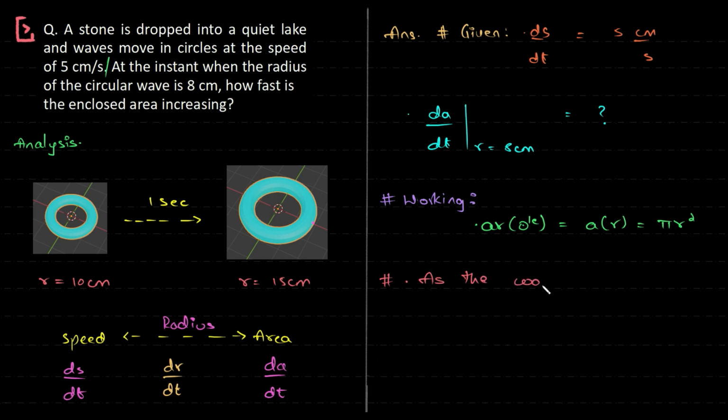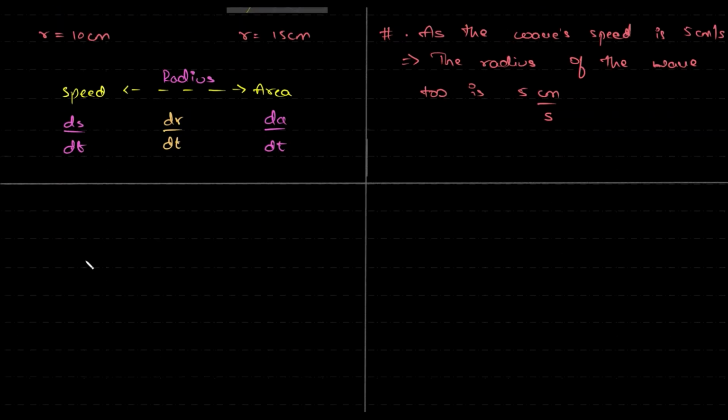As the wave's speed is 5 centimeter per second, this implies the radius of the wave is increasing at 5 centimeter per second. So basically, what are we looking at? We are looking at dr by dt is equal to the speed, which in turn is equal to 5 centimeter per second.